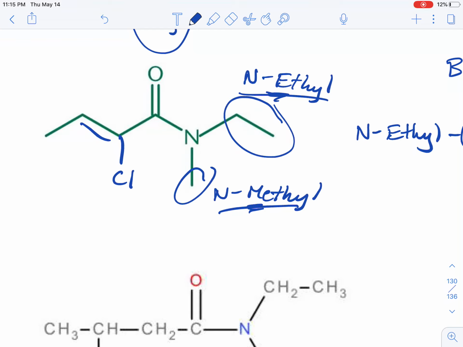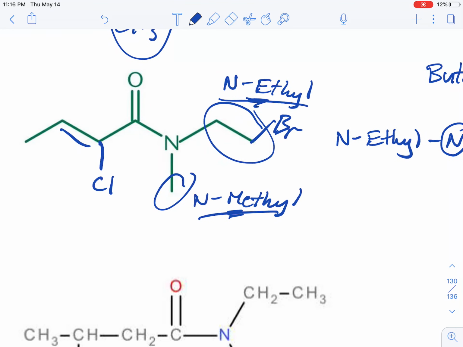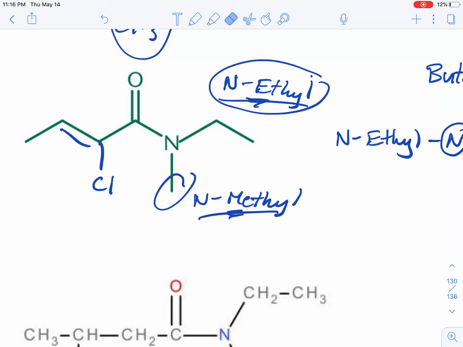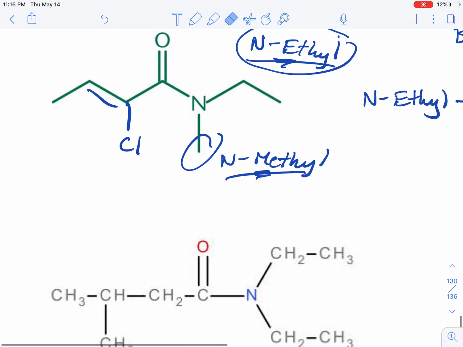We're not going to add substituents on these other carbons just because it makes naming this specific compound beyond our reach for this semester. That's for the full year of organic chemistry. So technically you can have, for example, a bromine here. But naming this, you would have to change the name of the N-ethyl, and that's going to be out of the scope for this class, so you don't have to worry about that.